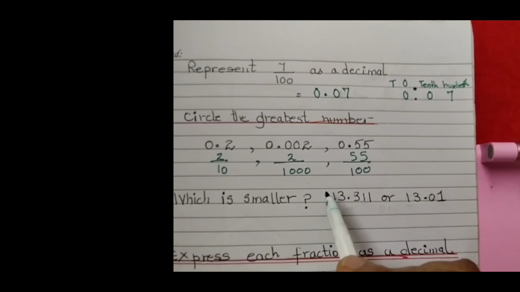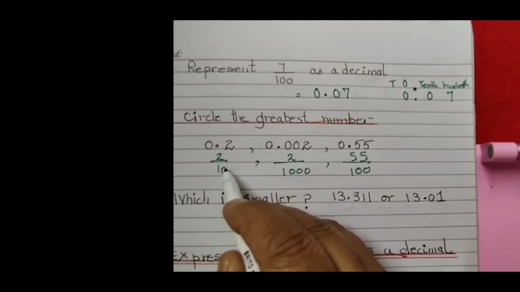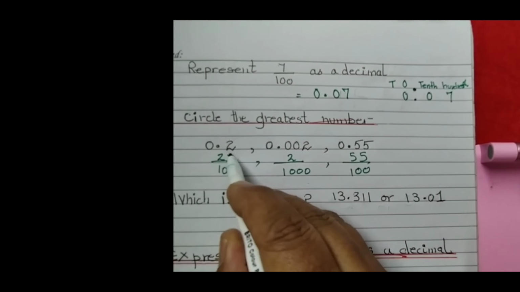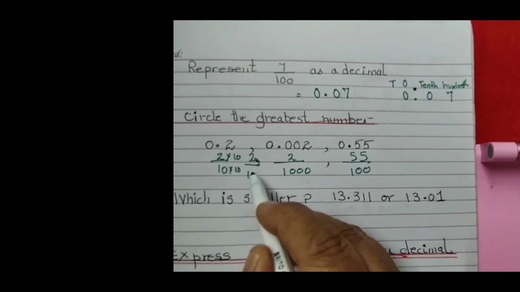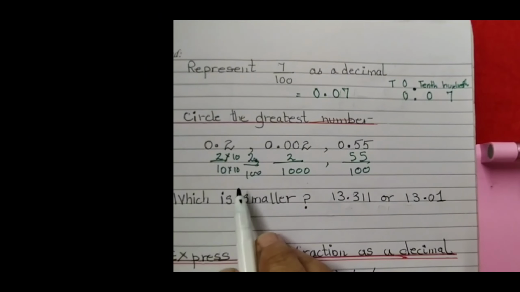Why? Because in case you get 2 upon 1000 in the test, it's going to be so less. If you get 2 upon 10 in the test, it means you got 20 upon 100, isn't it? If I convert this into 100, 2 tens are 20 upon 100.